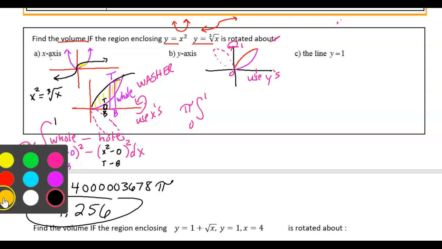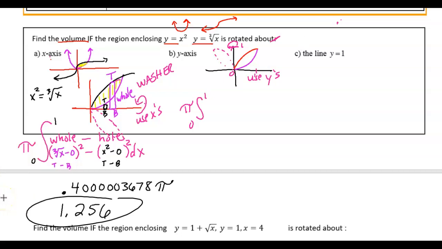So when we go to do our whole minus whole, because this is a washer, we need to think of sideways ones. So this is my whole. Remember, you're going to act like it's solid to the line of rotation. So we're going to do whole minus whole, and this is right minus left, right minus left.